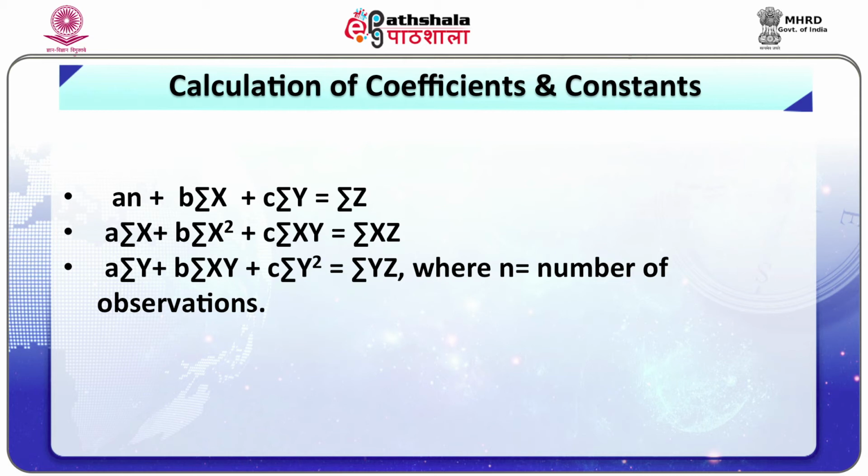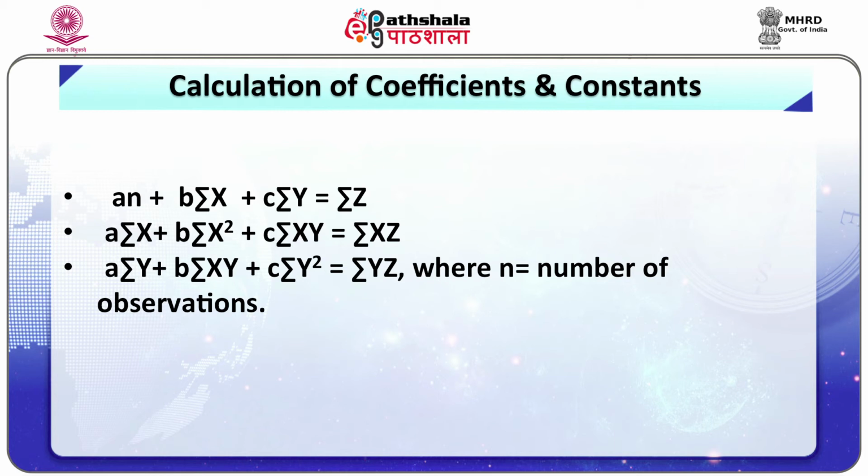Second normal equation, A sigma x plus B sigma x square plus C sigma x y equal to sigma x z, and third normal equation is A sigma y plus B sigma x y plus C sigma y square equal to sigma y z, where n stands for number of observations.